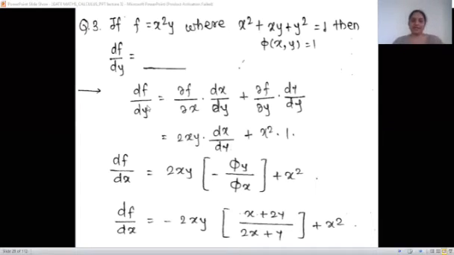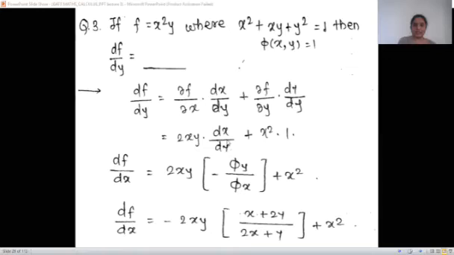Okay, then df by dy is dou f by dou x. f is a function of x and y. So dou f by dou x into dx by, we have to take with respect to y. So dx by dy plus dou f by dou y into dy by dy. No need to write dy by dy, it is 1. So it is 2xy, dou f by dou x, with respect to x, 2xy into dx by dy.